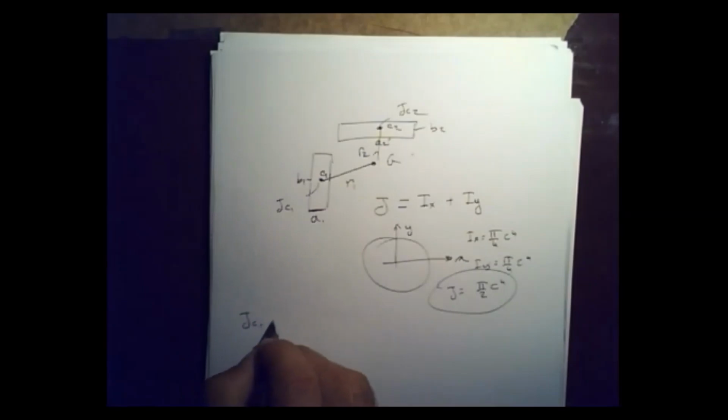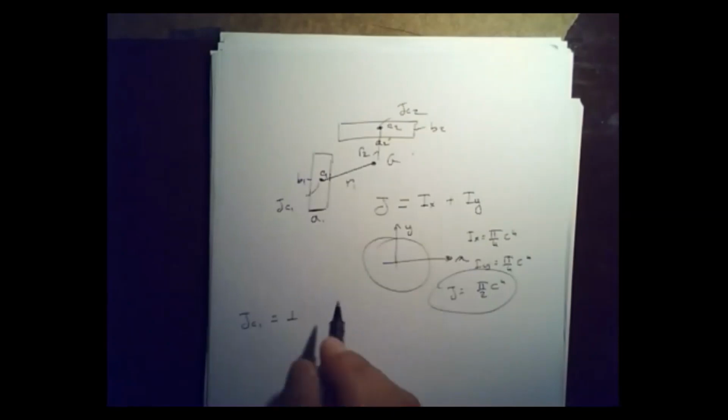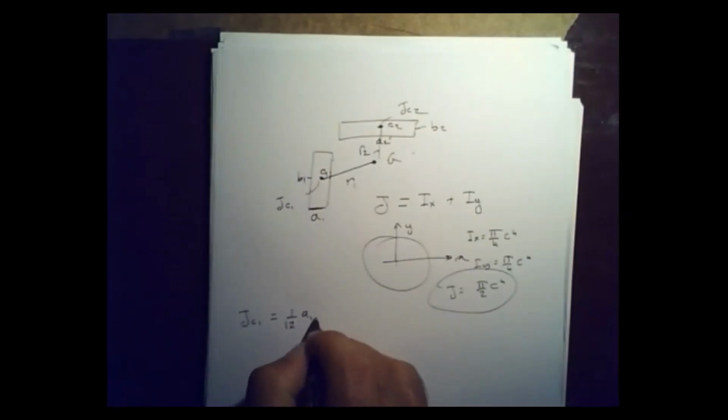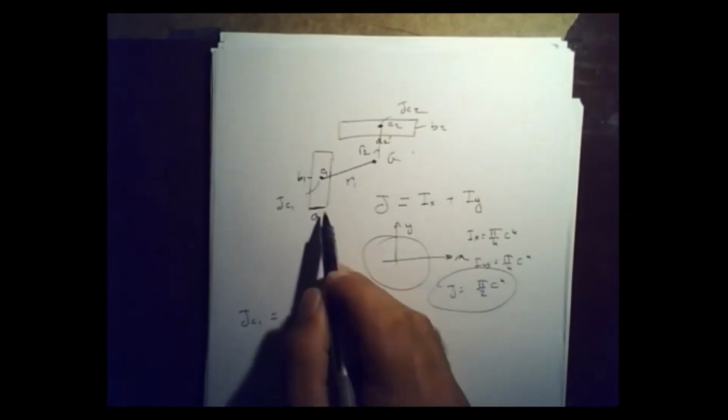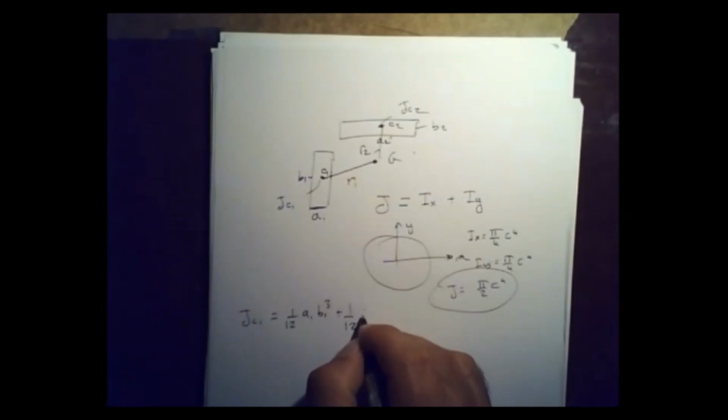So JC1 is going to be equal to what? We know Ix for a rectangular cross section is 1 over 12 A1 B1 cubed, so this is your Ix. Now Iy is going to be plus 1 over 12 B1 times A1 cubed.